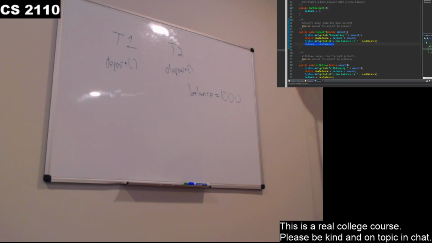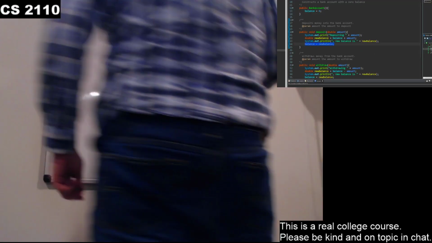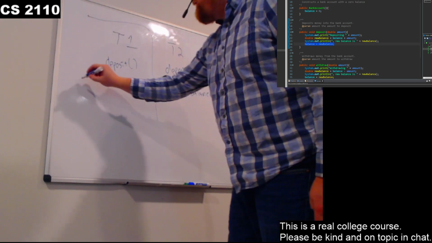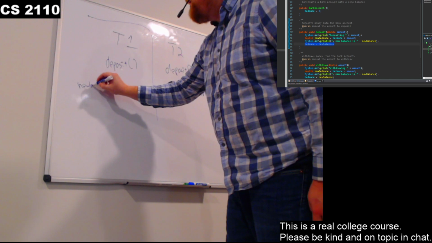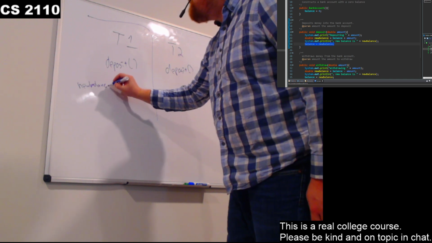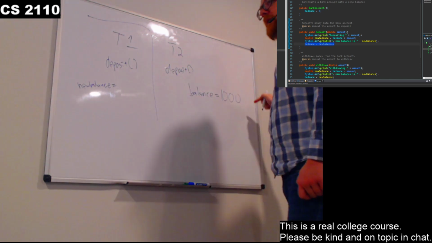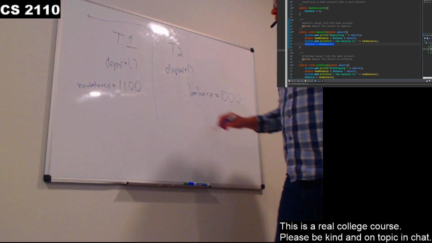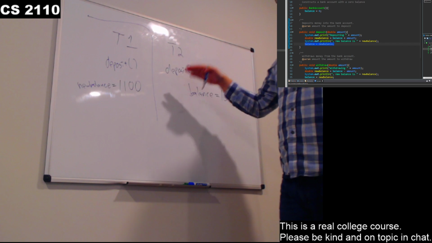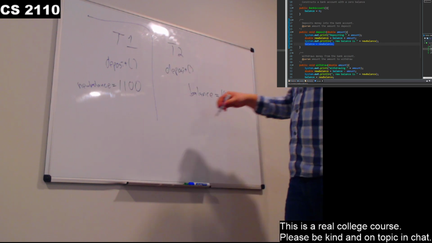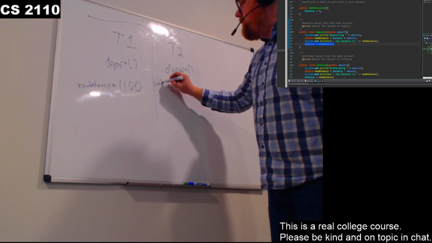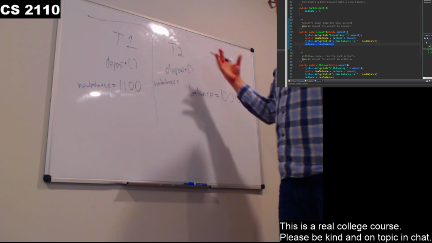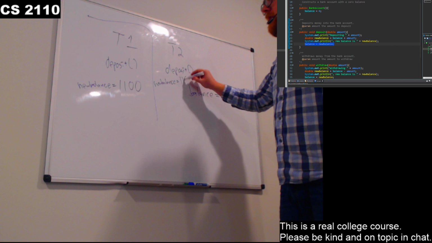If thread 1 were to run this statement first, and remember thread 1's depositing $100, thread 1 creates a variable called new balance equal to 1000 plus 100. Thread 2, it then pauses. Thread 2 picks up. Notice balance is still 1000. So it says new balance equals, again, 100 plus 1000, 1100.